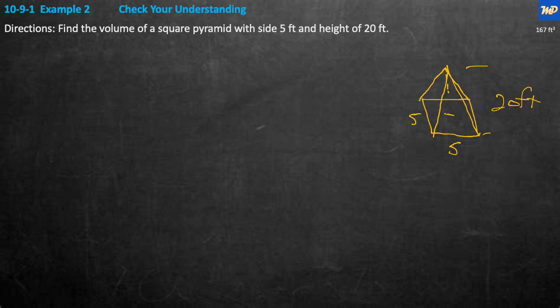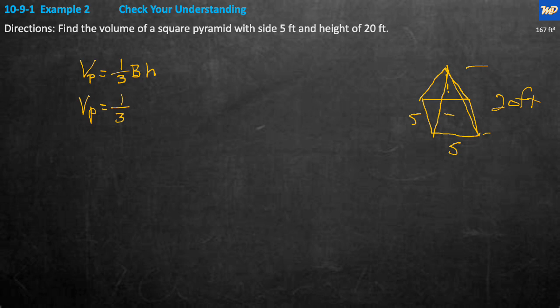So let's solve it. The volume of a pyramid, P, is equal to 1/3 the base times the height. The volume of the pyramid is equal to 1/3 times, and what is the base?